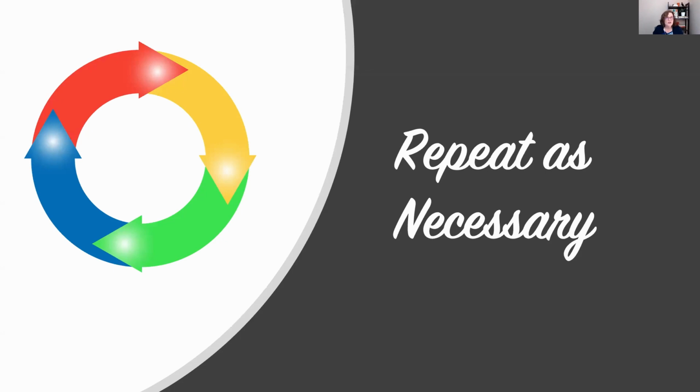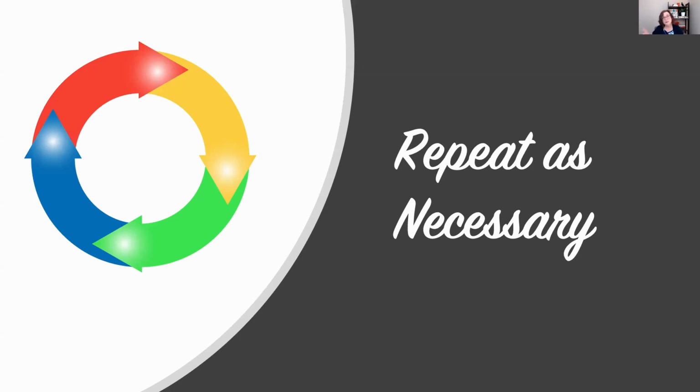Which leads us to the last part of the Wander method, and that is the R, repeat as necessary. Now, as you go through this, you might have found the answer. You might have found the record that really does spell it out. You can tell it's a good, accurate source. And yes, it answered that question that you were asking.